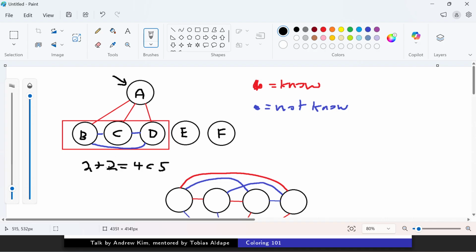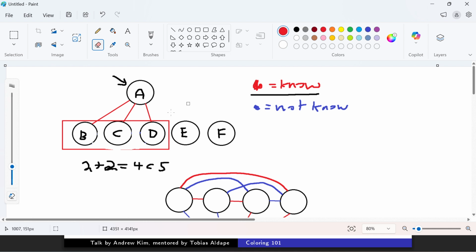So one of the groups has to be at least 3 people. Let's say, without loss of generality, that it's red. So there's at least 3 people who know A.